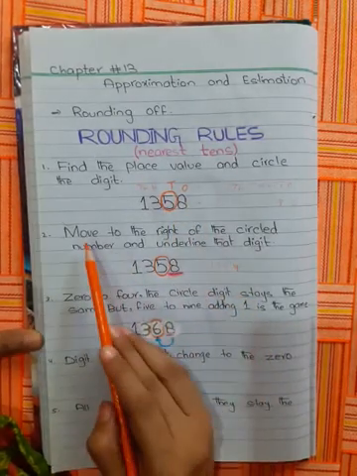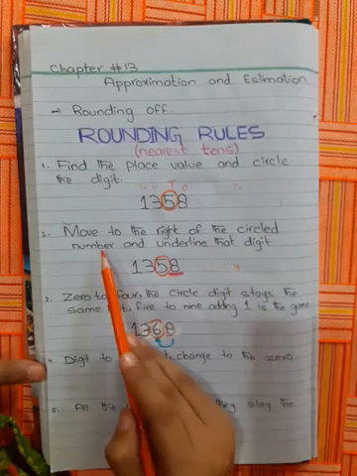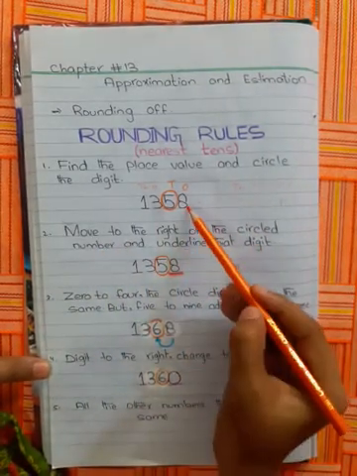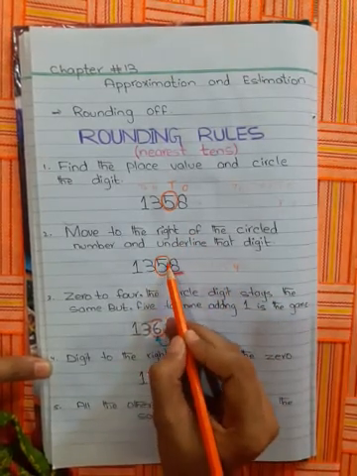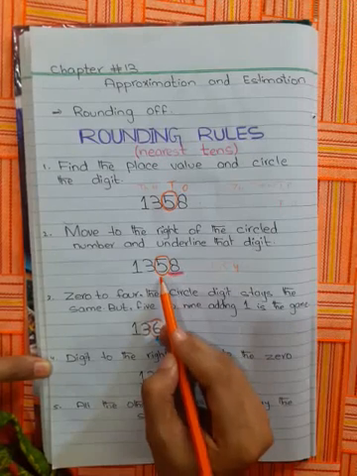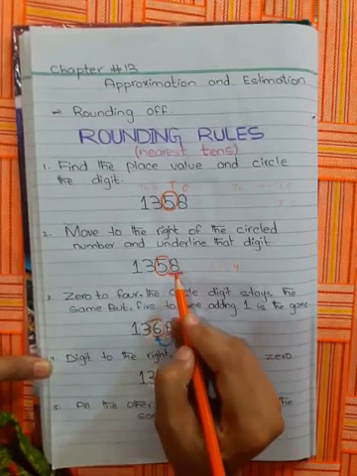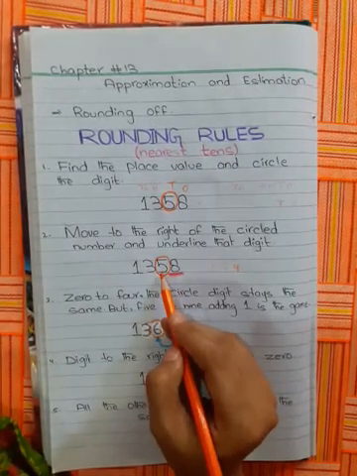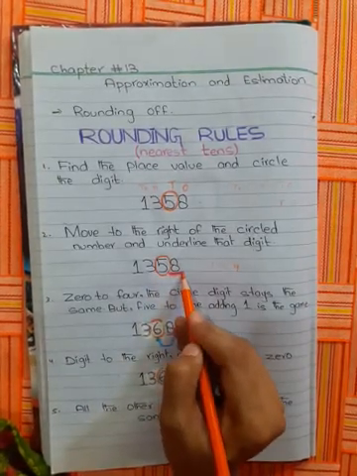Now rule number 2: move to the right of the circled digit and underline that digit. Again the same number 1358, with the circled digit. In rule number 2, we have to move to the right of the circled digit and underline that digit, right?